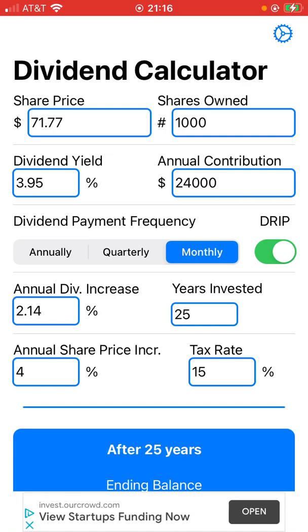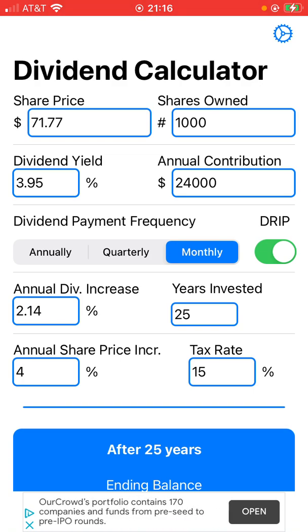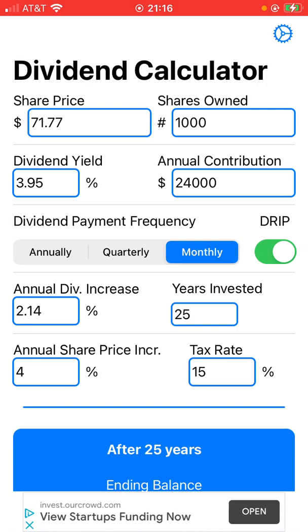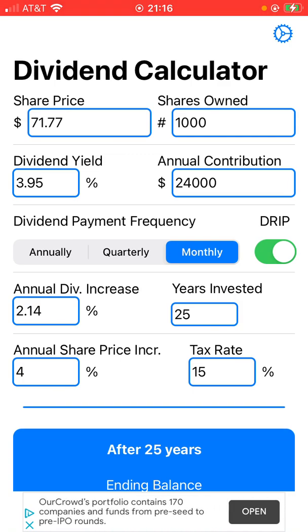Whatever rents they get from their leases or activities, they have to pay at least 90% back out to their shareholders in order to remain tax-free status by the U.S. federal government. So it's a pretty good deal for them, but at the same time, it's an awesome deal for shareholders.